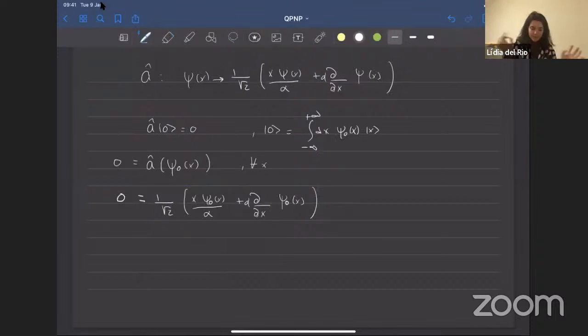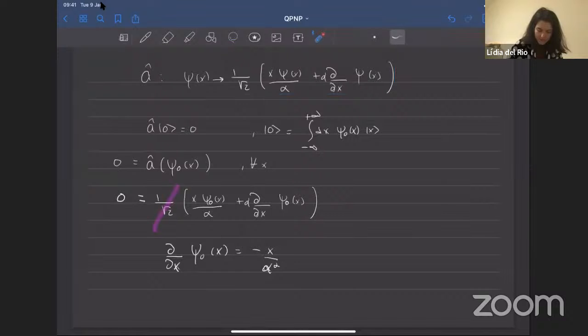Okay, so you can shuffle things around a bit. This function is not doing anything here. And we just move the derivative to one side as per usual, and we get the following. The derivative d/dx of psi 0 of x equals minus x over alpha squared, right?